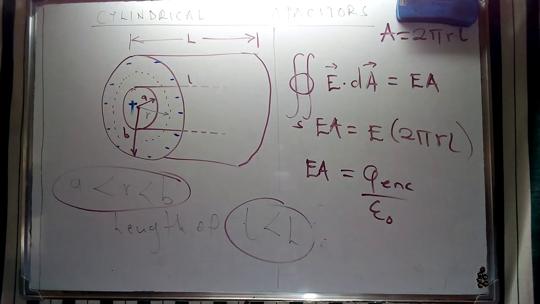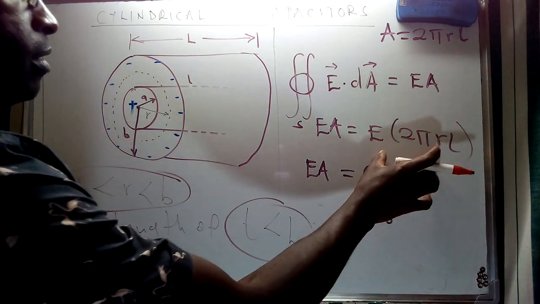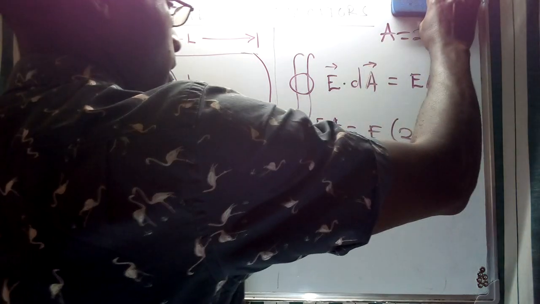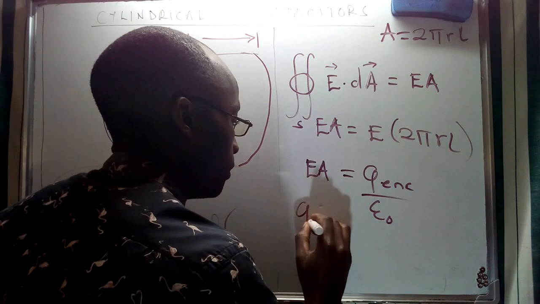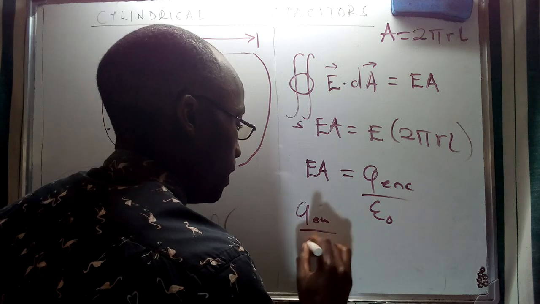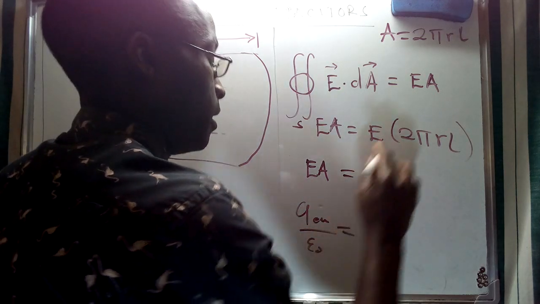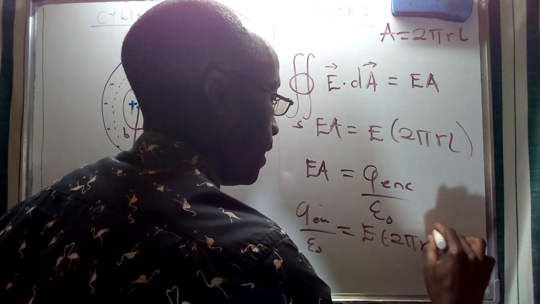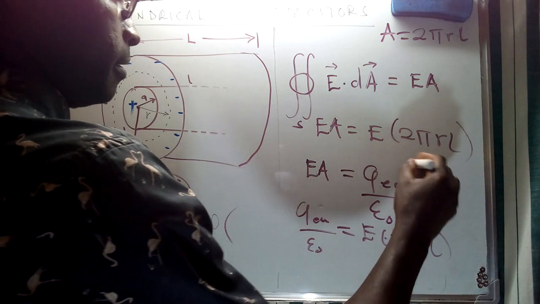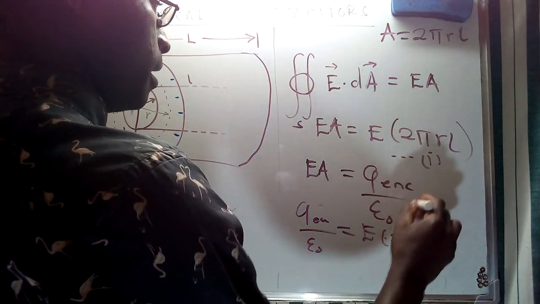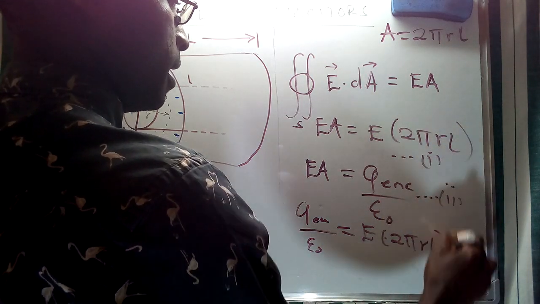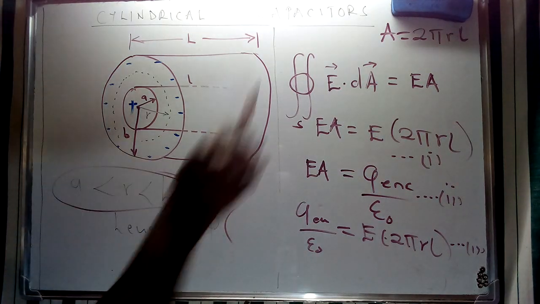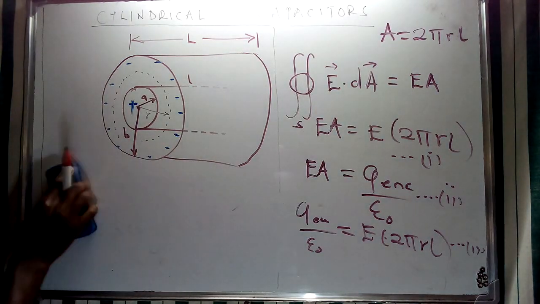So if you try to do a comparison between this second part, we can write an equation whereby Q enclosed all over epsilon naught is equivalent to E 2 pi rL. Let's say this is our equation 1, this is our equation 2, and this is our equation 3.